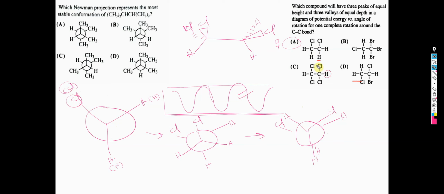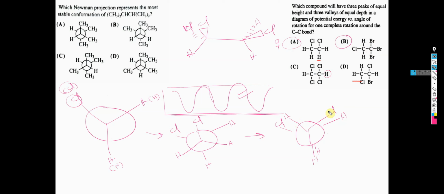Once the chlorine gets close to this chlorine, it's going to have a different energy compared to the chlorine getting close to this hydrogen. So that means option B is going to be the only right answer, because no matter what you do, the front carbon is always going to have 3 bromines, and the back carbon, no matter what you rotate it into, is going to have only one eclipsed and one staggered conformation.